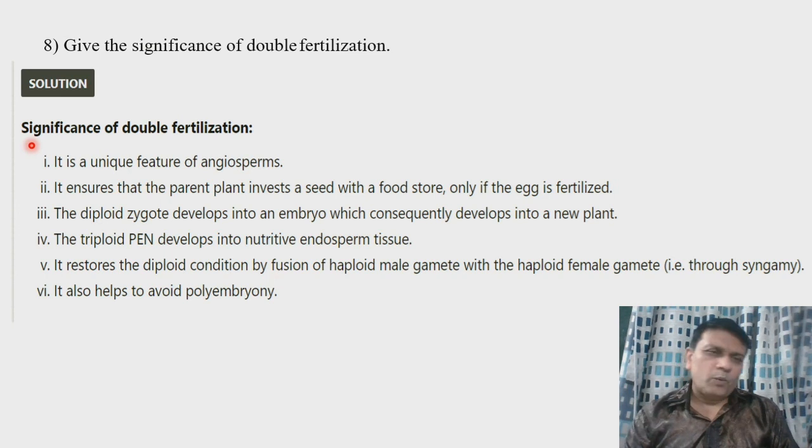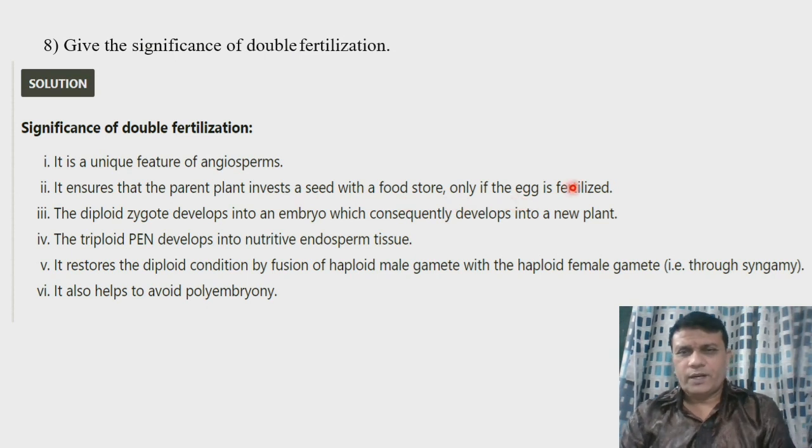Now the first point is it is the unique feature of angiosperms. The second one is it ensures that the parent plant invests a seed with food store only if the egg is fertilized.